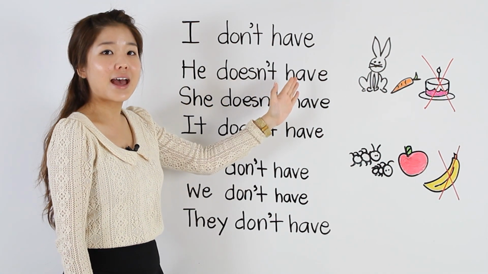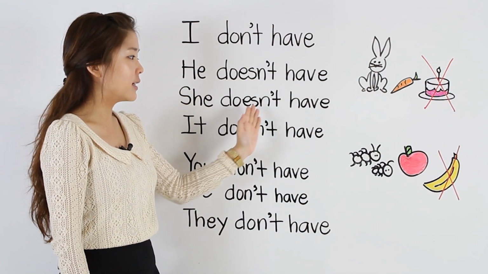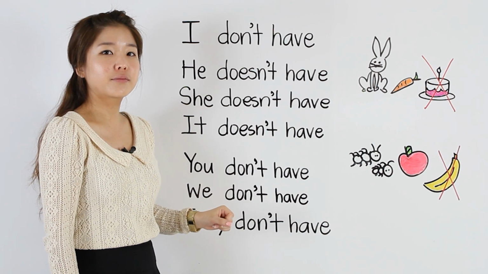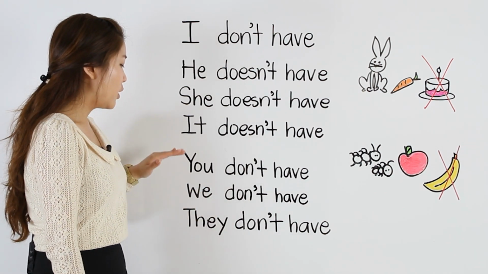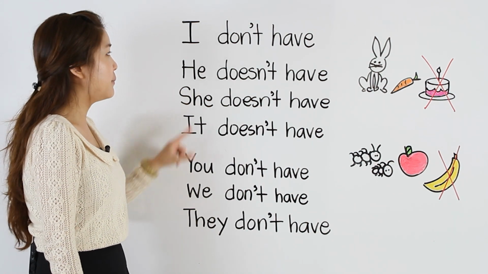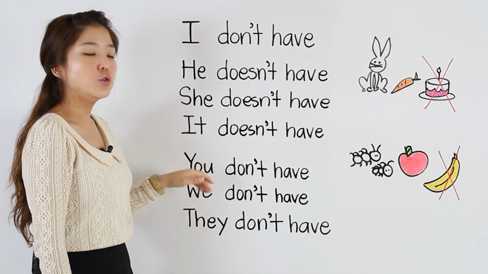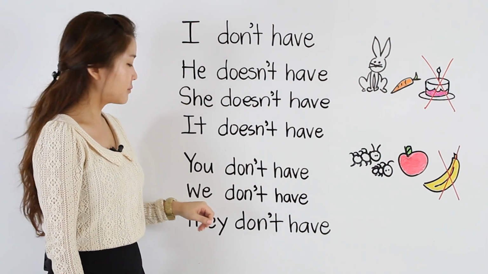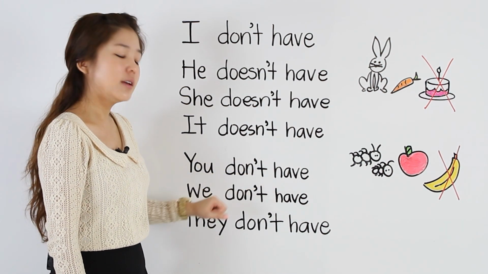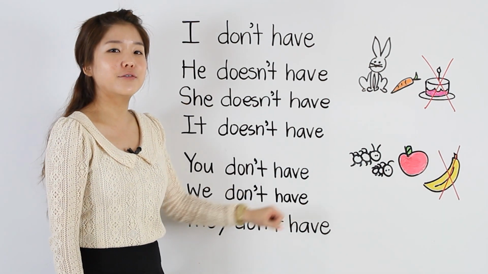He doesn't have. She doesn't have. It doesn't have. Now on the bottom, for you, we, they, it's the same as I. We use don't have. You don't have. We don't have. And they don't have.